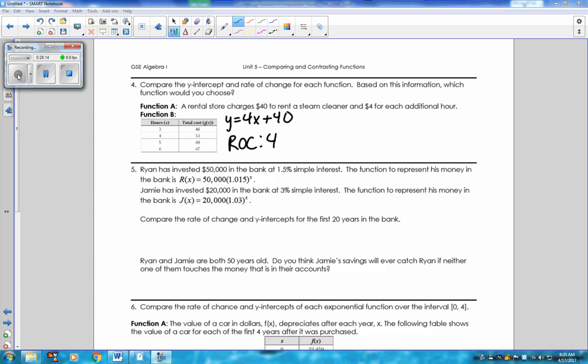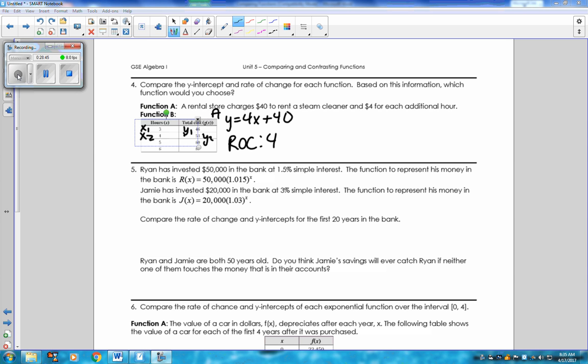If you have an equation, what do we have? y2 minus y1 over x2 minus x1. Let's pretend we don't have an equation. What would the y be for x? Can we tell that 3 is less than 4? So x1, x2.